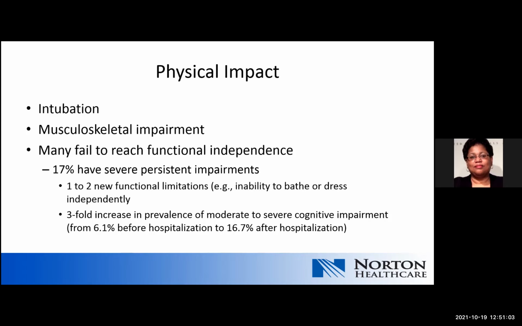And then another disheartening statistic, many of our patients are going to fail to reach the functional independence level. 17% have severe persistent impairments. So you can see there as an example, inability to bathe or just dress themselves. Again, going back to my personal story about my mom, I can remember how devastating that was to her to be able to go home.